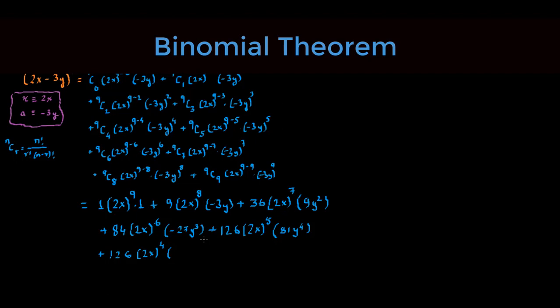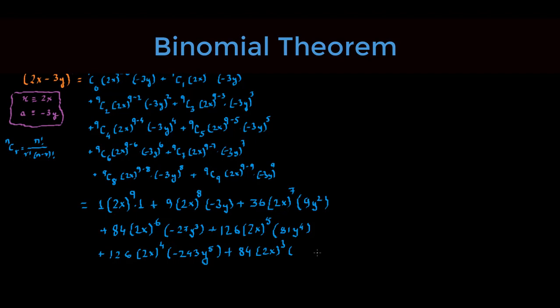3 whole raised to the power of 5 is negative 243. Negative 243 y raised to the power of 5, plus, then we need to find out 9c6. 9c6 is 84. 84, and this will be twice x, whole thing raised to the power of 3, and negative 3 raised to the power of 6.